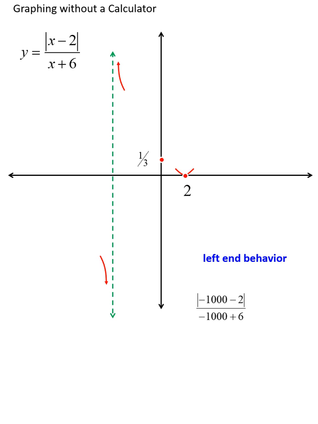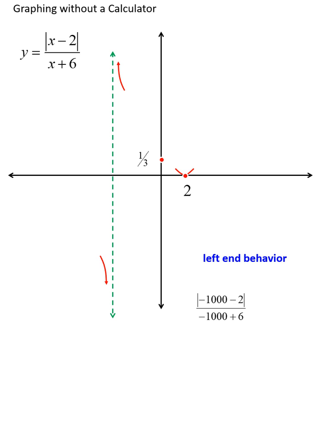Now, this quantity here that you see is going to be a positive divided by a negative, and therefore it's going to be a negative. But it's going to be very, very close to 1. Doesn't this, after all, work out to 1,002 over negative 994?